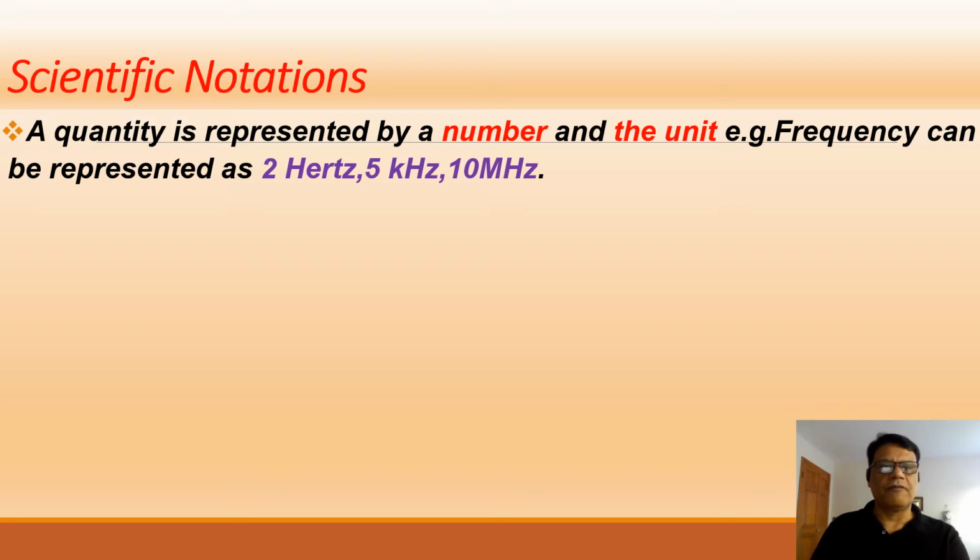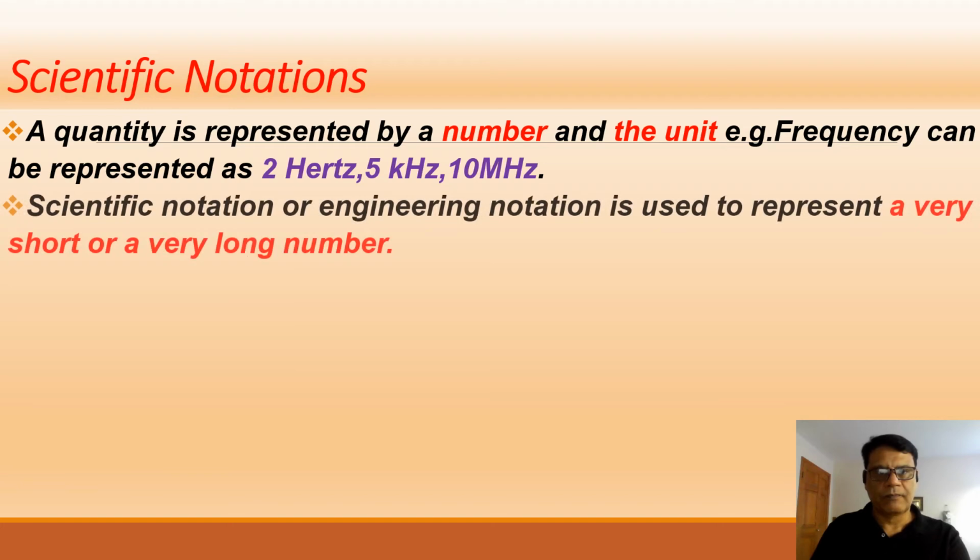Basically, scientific notation is a means to convert a large number into a small one and a small into a large one. As I told you, a very large number is concised, and it is also called engineering notation.